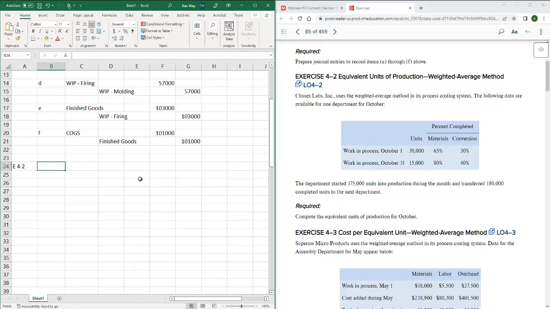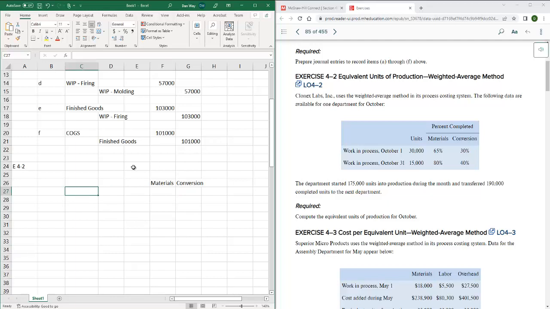So the first thing I'll say here is it's a great idea to get in the habit of always calculating equivalent units with respect to materials and conversion separately. Remember, they represent essentially the equivalent full completed units with respect to these separate costs, materials and conversion being labor and overhead. So we want to stay in that habit of calculating this separately for those two categories.